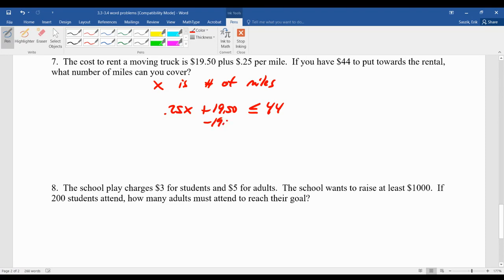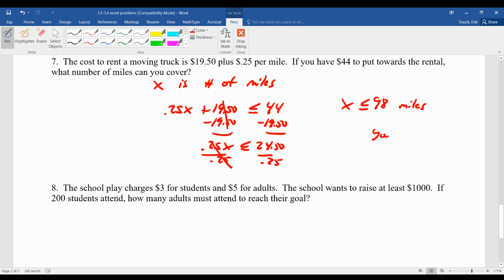So subtract the $19.50, you get 0.25x is less than or equal to 24.50. Divide by 0.25, and we get x is less than or equal to 98. Remember, that's miles. So you can drive up to 98 miles and still be within your budget.